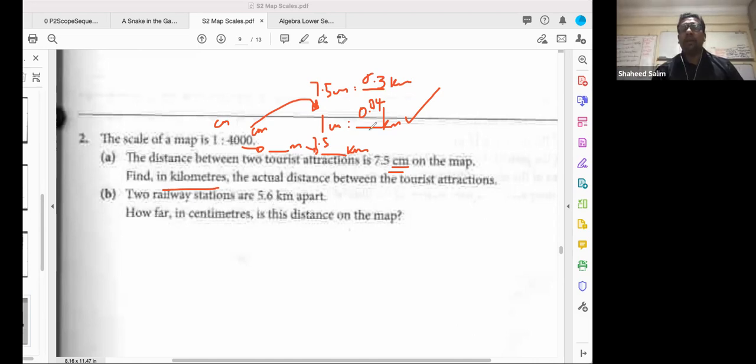5.6 km. Now it's the other way around now. 5.6 km. We're going to find in cm on the map how much. Remember, got to use this ratio.